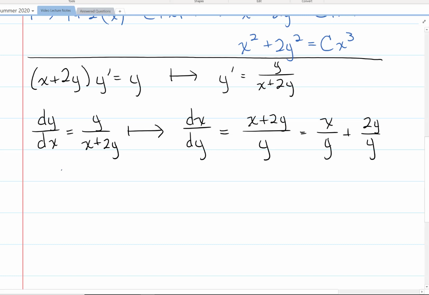So let's run with it. Let's go. Okay, so we're going to let v equal x over y. And now we're going to solve for x, okay? X equals vy. The reason we're solving for x is because we're going to need dx dy.